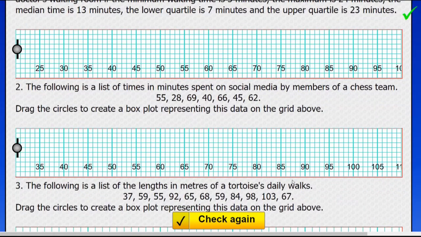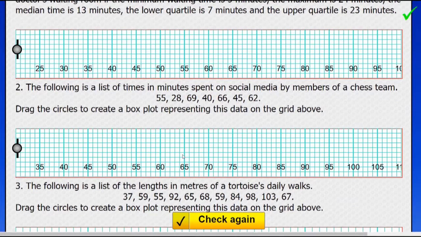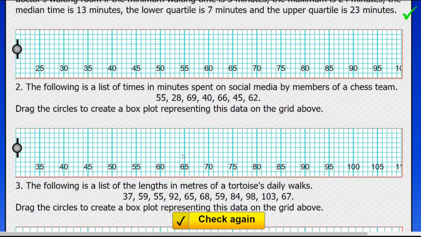Okay, question number 2. The following is a list of times in minutes spent on social media by members of a chess team. So what we need to do is drag the circles just as before to create the box plot. So let's start off with the maximum. Can you see that the biggest number there is 69? So let's drag this all the way across to 69 as close as we can.